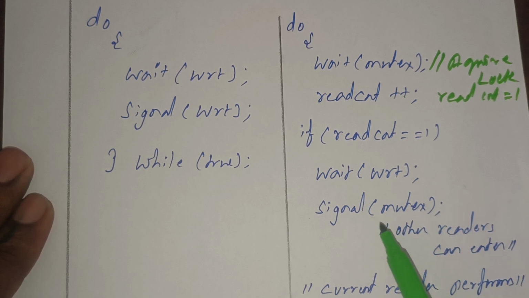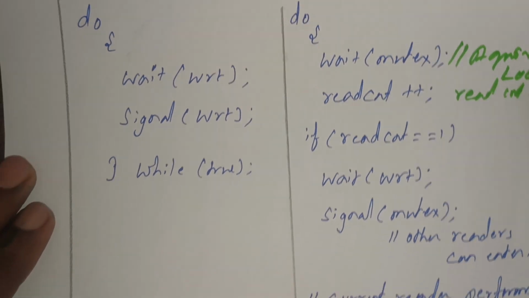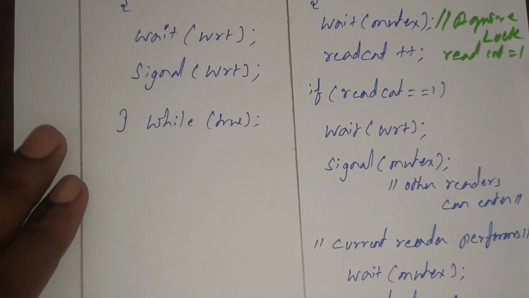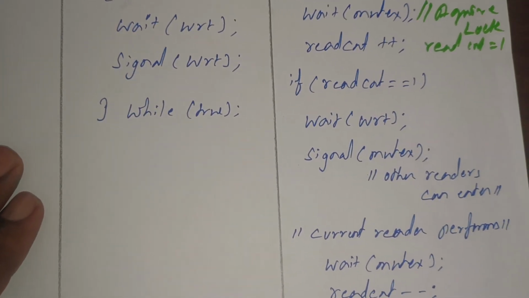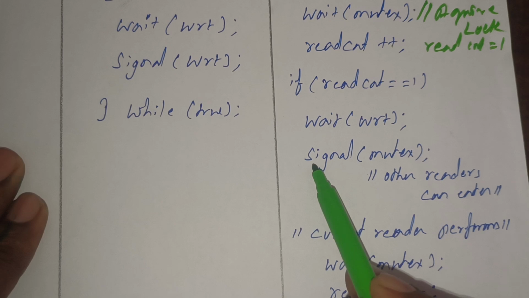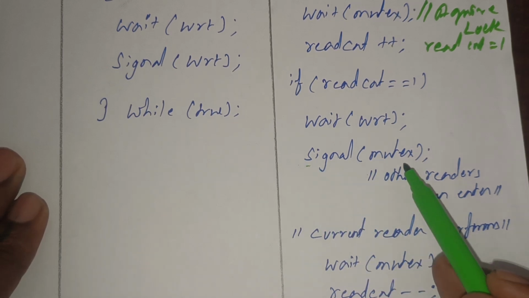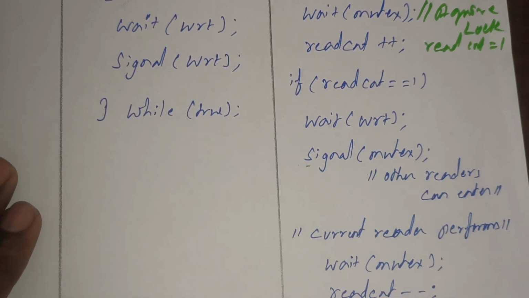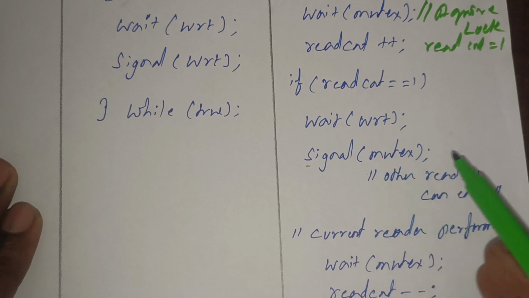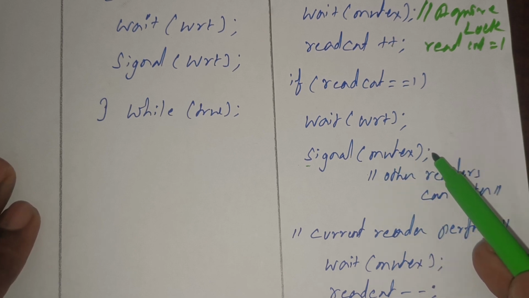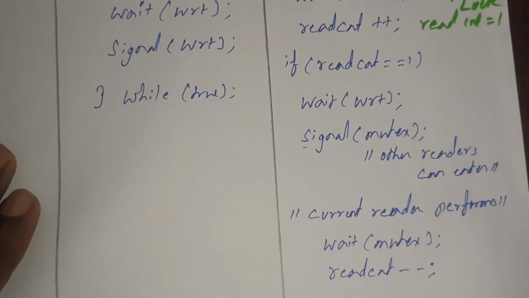That is the procedure. So I am sending a signal to other readers who can enter. If some other reader is waiting outside to perform only the read operation, it can enter. This is the signal given for mutual exclusion, for releasing and for letting the other readers come inside, showing the way, right?